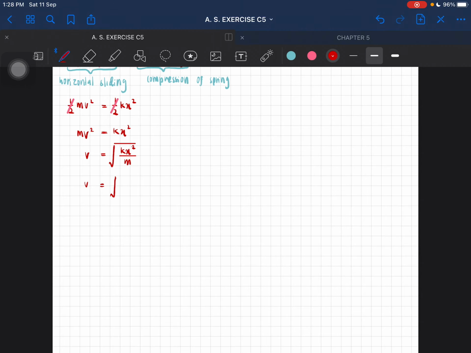Substitute: k is 400, x is 0.22 squared, over mass, which is 2 kilogram. The speed you should get is 3.11 meter per second.